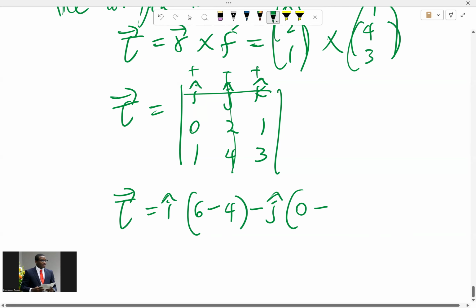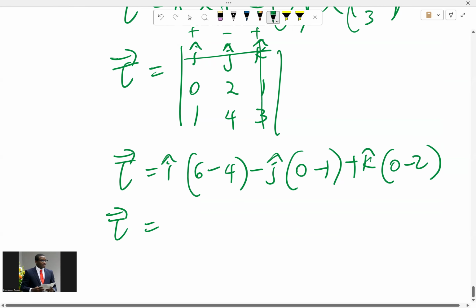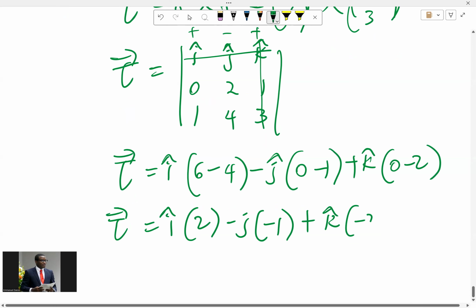Then lastly, we go for k, which carries a positive sign. Cross the column, cross the row: 4 times 0 is 0, minus 2 times 1 is 2. So putting it all together, we have torque to be i into 6 minus 4, 2, minus j into 0 minus 1, minus 1, plus k into 0 minus 2, that's minus 2.